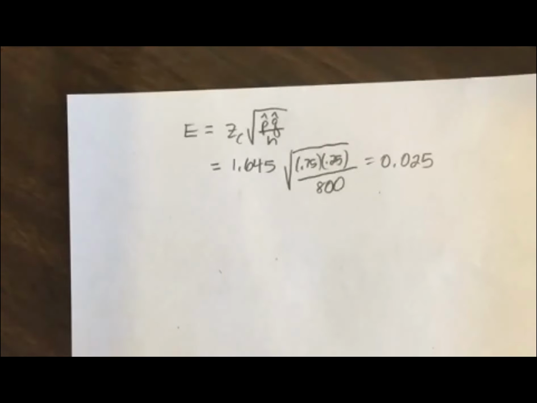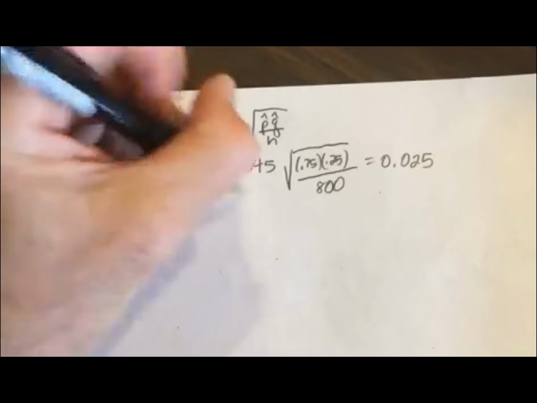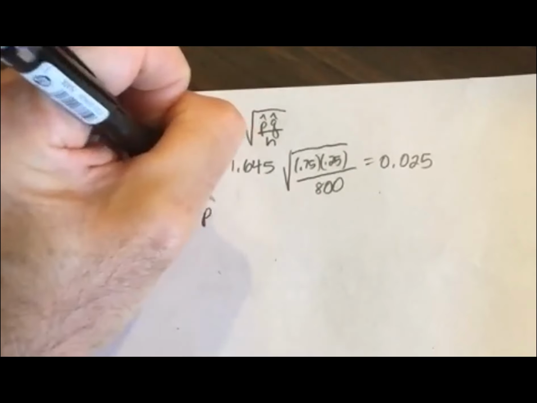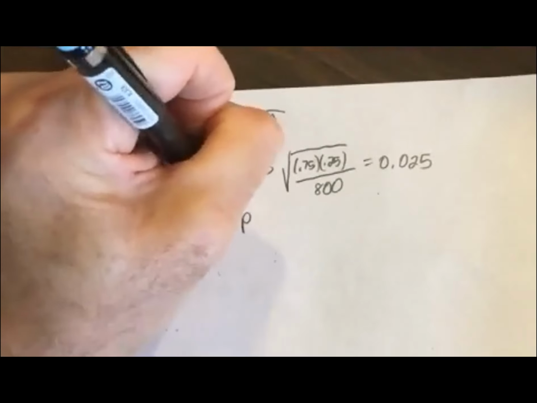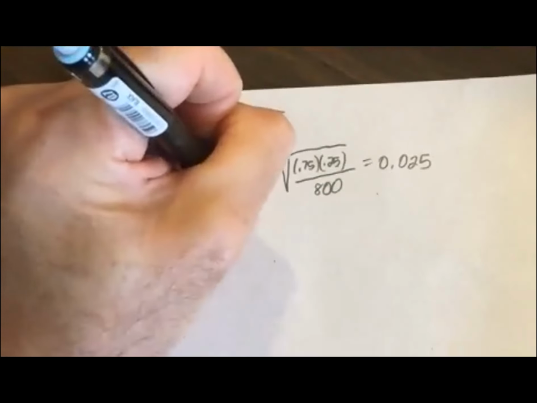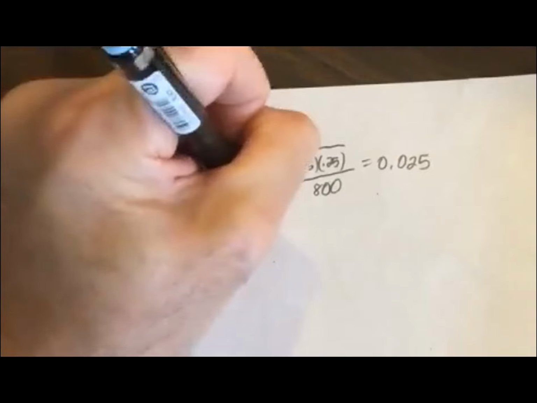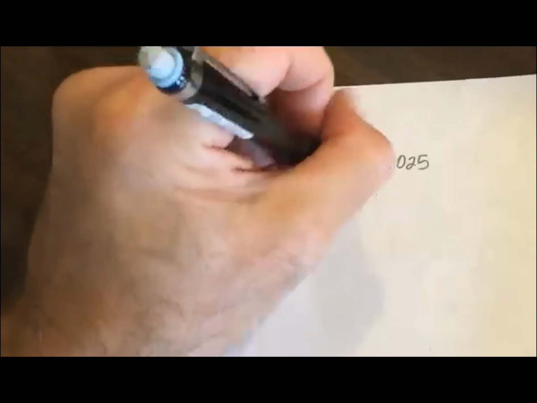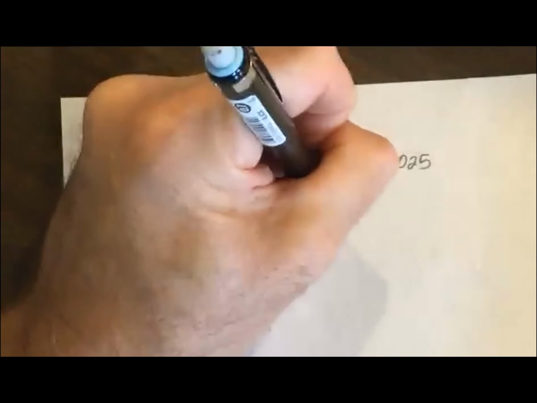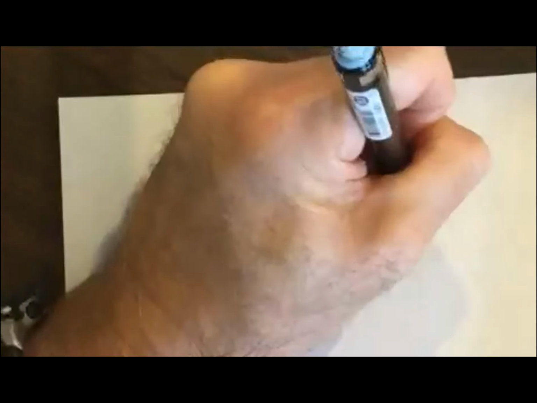So we can say that our true population proportion is in the interval or about equal to our sample proportion plus or minus the margin of error, which is 75% plus or minus 0.025 or 2.5%.